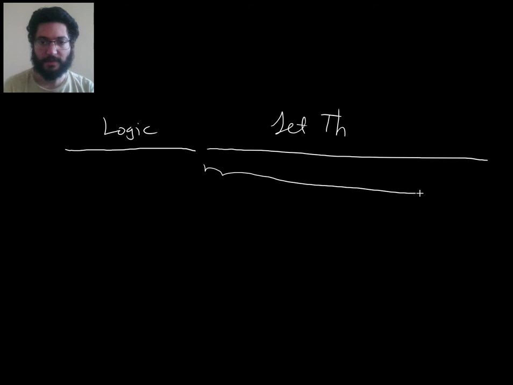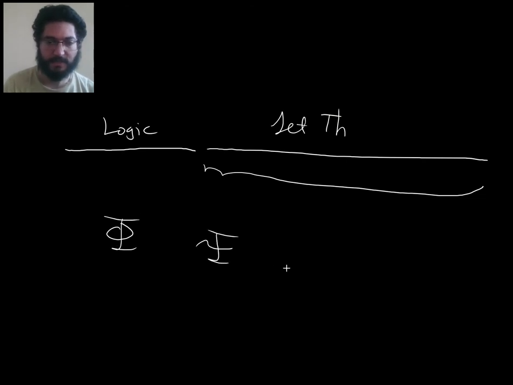And this is where we introduce axioms and then start proving theorems, where the propositions, rather than being placeholders like these Greek letters, will become actual mathematical propositions.